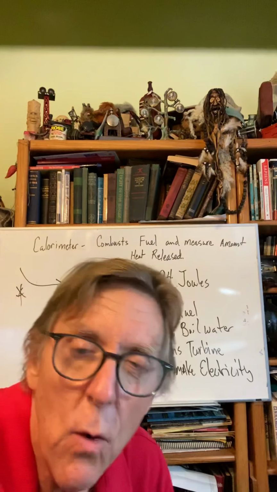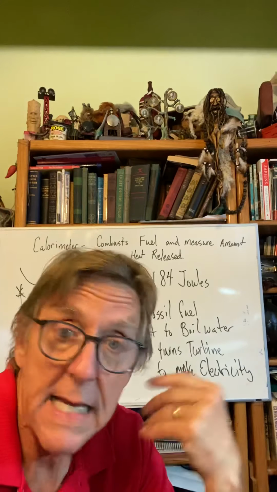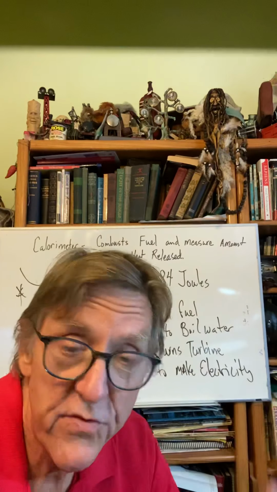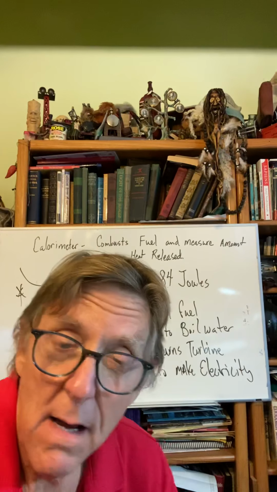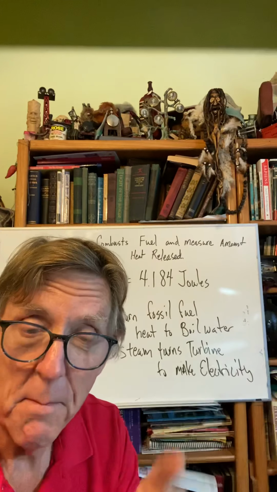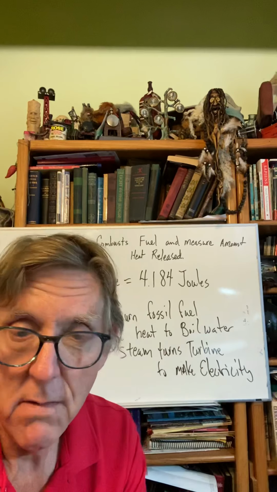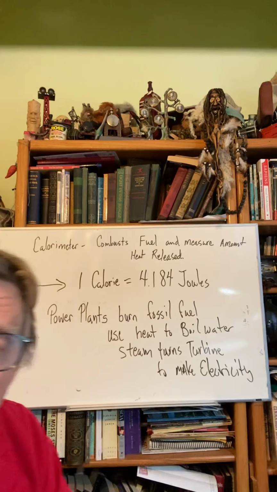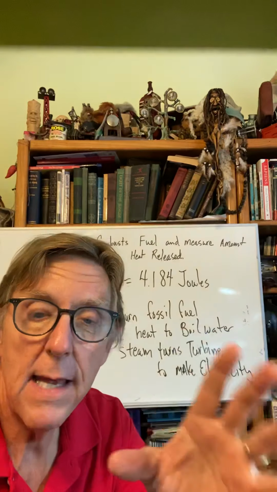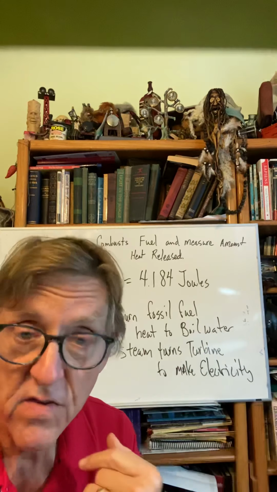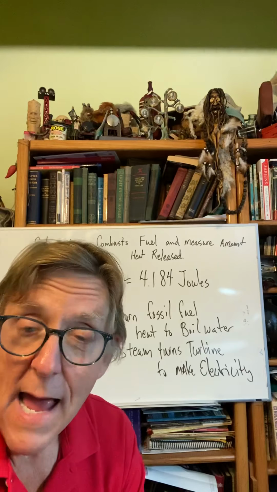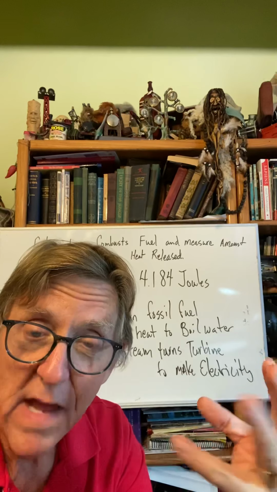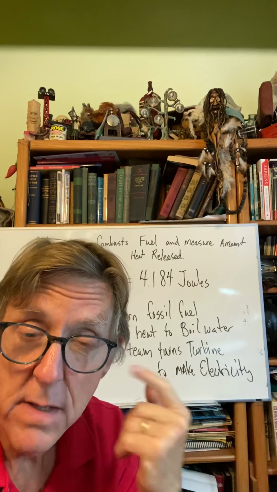So how do we know this? I mean, how do we know how many calories or joules are in a fuel? Well, there is something called a bomb calorimeter. Basically what it does is it completely combusts a potential fuel, and it captures and measures the amount of energy that is released.